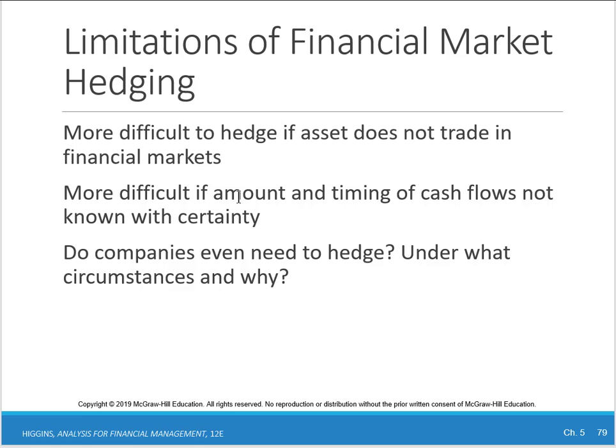So the riskier the cash flows, the more difficult it is to hedge it. So do companies even need to hedge? Well, maybe they don't. They could go through life not hedging. However, that leads to uncertainty in the future.